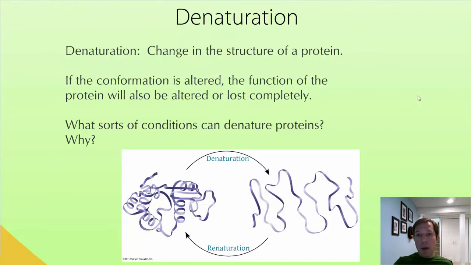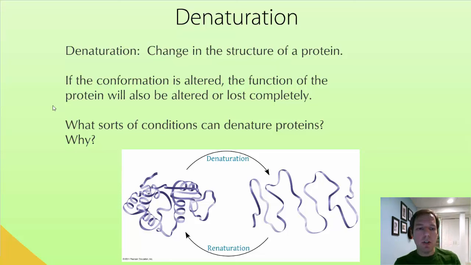A final note here on what can happen to proteins and their tertiary structure. Denaturation is going to be any change in the structure of the protein. As that structure changes, a small change might reduce the function of the protein, or a large change in the structure is going to cause the protein to completely lose its ability to do its job.